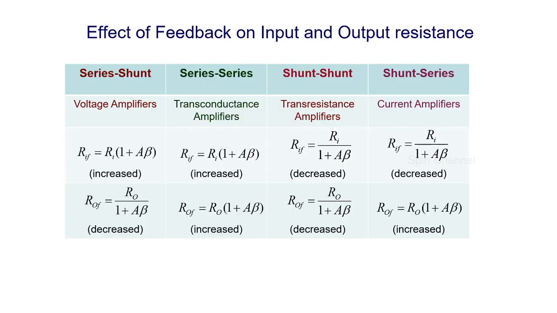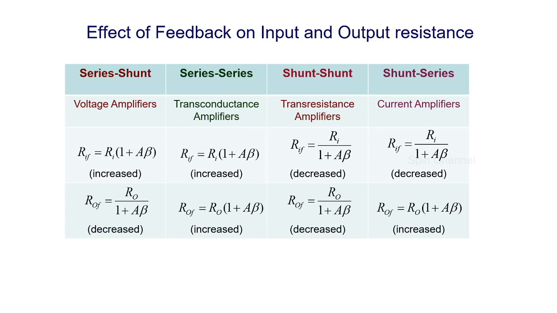The effect of feedback on input and output resistance for all the 4 different topologies is shown here. In series shunt topology, which is applicable for voltage amplifiers, the input resistance is increased and the output resistance is decreased. For series topology, which is more appropriate for transconductance amplifiers, both the input resistance and output resistance are increased.